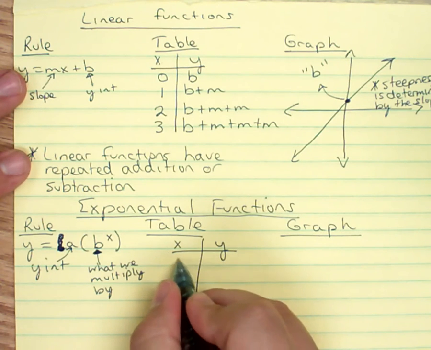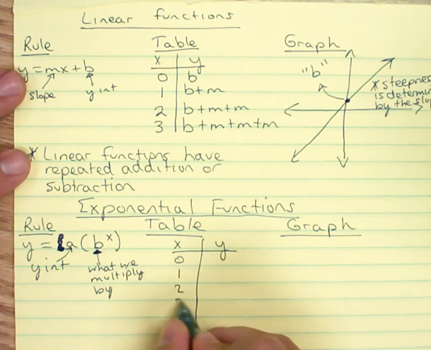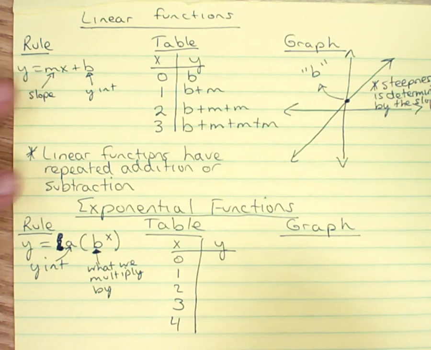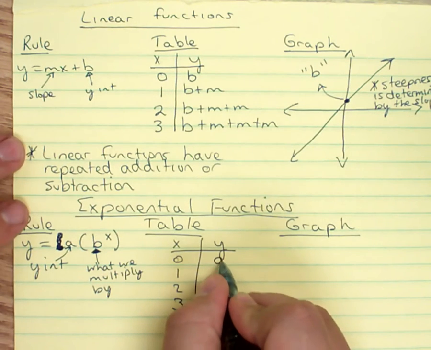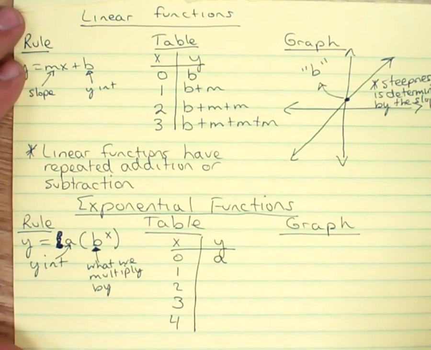Okay, so 0, 1, 2, and 3, let's say 4 as well. At 0, what would the y value be? It would be a, because that's our y-intercept.